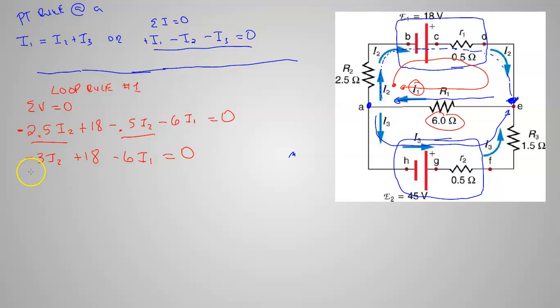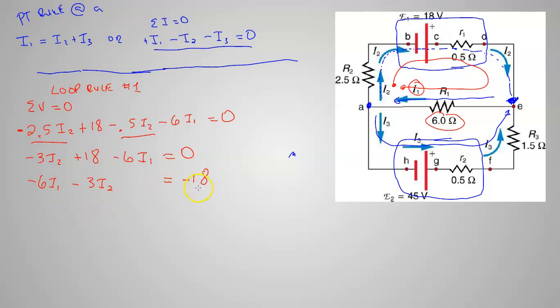All right, so what I'm going to do is get my I1 terms out in front. That would be minus 6 I1. Need my I2 terms next. And that 18's on the wrong side. It needs to be over here, so I'm going to subtract that from both sides.